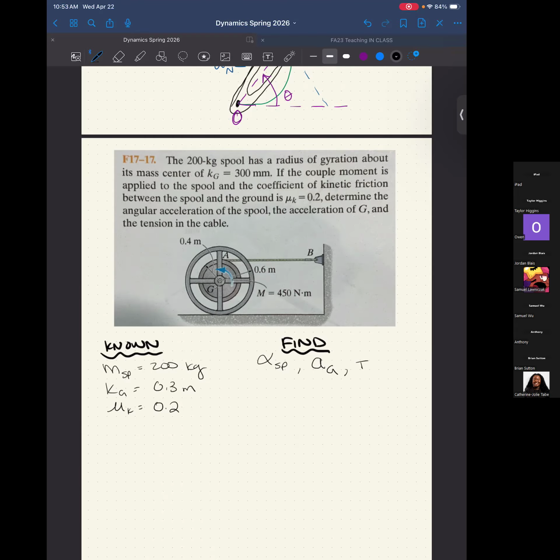I had originally written out the equation, a is R times alpha, and plugged in the 0.4, but they went through the whole thing: a G is a A, the linear acceleration of A, plus alpha cross r G with respect to A, minus omega squared r G with respect to A. And they plugged everything in and only took what was in the i-hat direction.